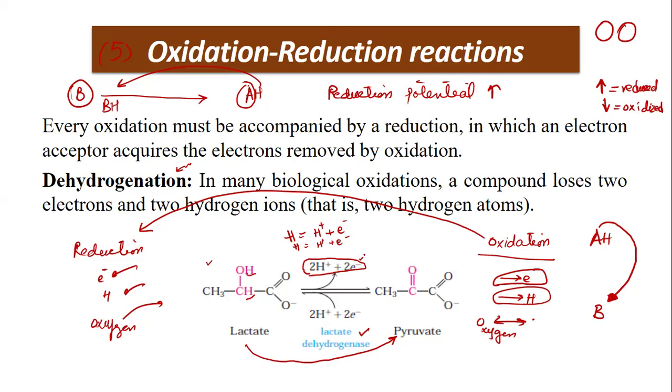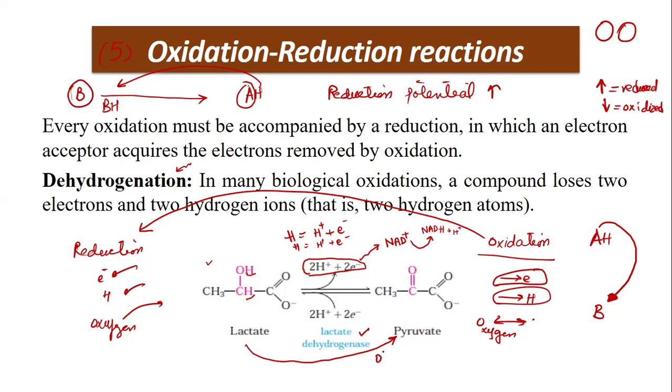But where will these hydrogen and electrons go now? The enzyme lactate dehydrogenase does not work alone. It always requires a cofactor, which is NAD+. And once the enzyme releases a molecular hydrogen from the substrate, NAD+ will pick up this hydrogen, accept a hydride ion from it, and it will be reduced.